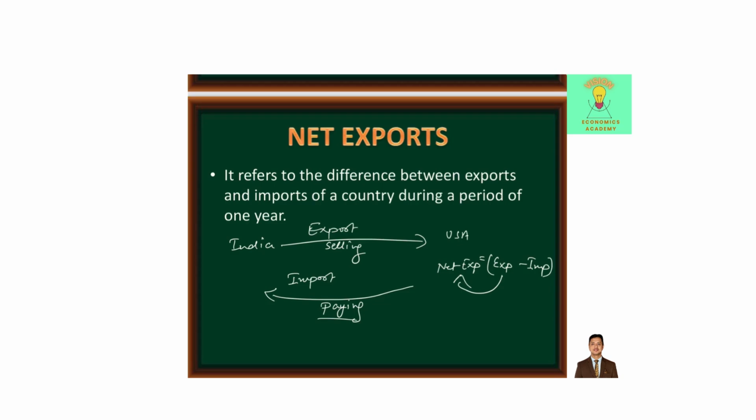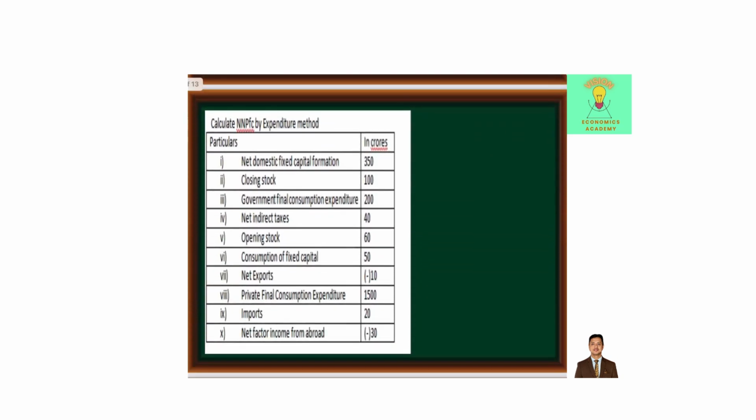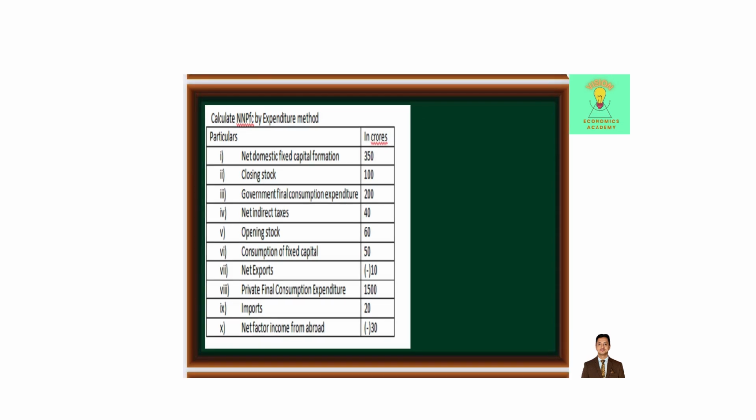All right, let us see one example as to how to solve the numericals. There is a question over here: calculate NNPFC by expenditure method. We already know what all are the components of final expenditure, so we can see it from here. We have to include private final consumption expenditure.